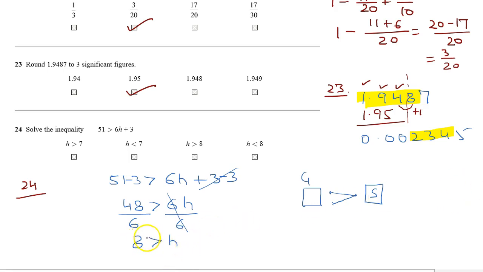So 8 is greater and h is smaller. This symbol is pointing towards h. So this is the answer, not this one, because that is pointing towards 8. So your answer will be part D, h is less than 8.